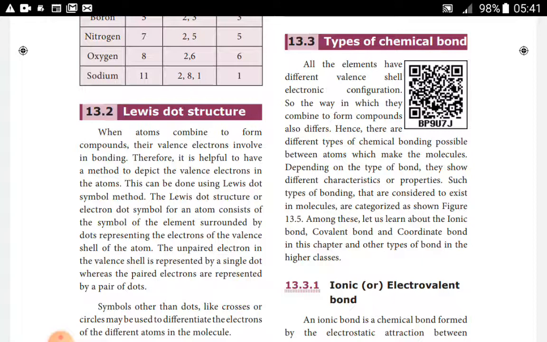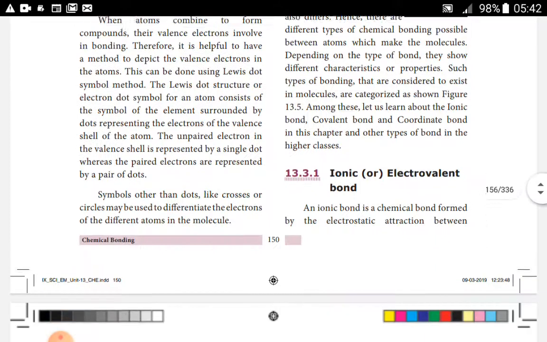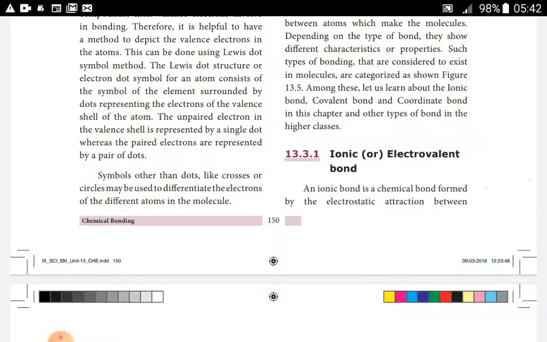When atomic numbers differ, the valence electrons also differ. The electronic configuration differs, so their bonding ability, the formation of molecules, also differs. So based on that, we are going to study three types of bonding in this chapter: ionic bond, covalent bond, and coordinate bond. First, 13.3.1, ionic or electrovalent bond.